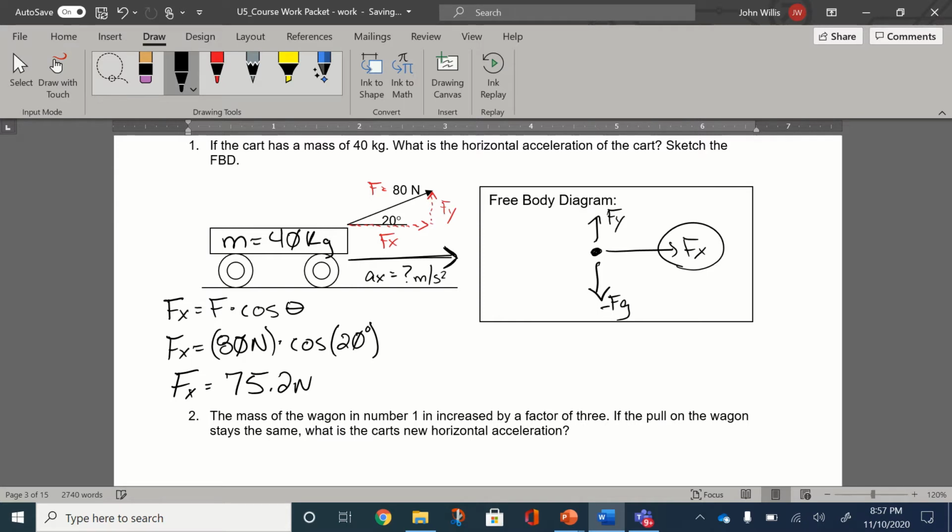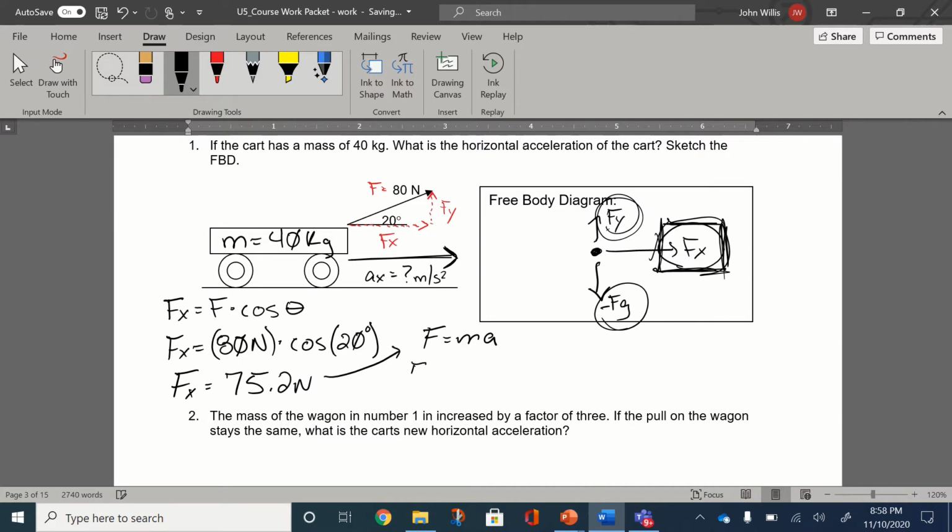Now that is just the horizontal left-right component to this, but it is what we're going to take over to F equals ma, because remember, this is your net force, and your vertical component to this force and gravity have canceled each other out. It's not moving up or down, and so the only thing that's causing this wagon to accelerate is your horizontal force.